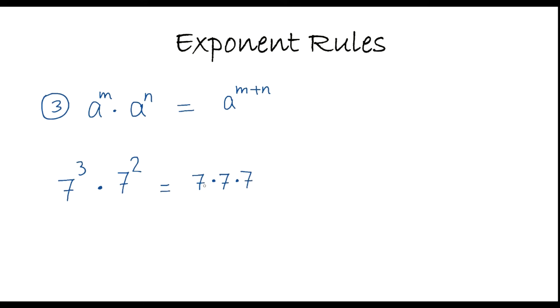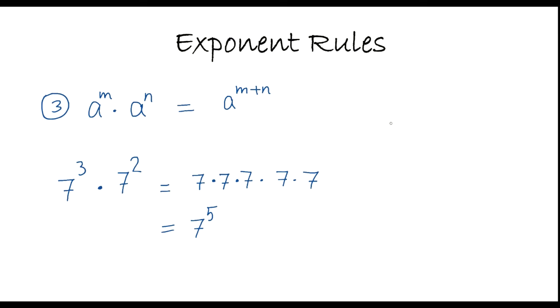How many 7s are there? 3 7s for this part, and next we have 2 more 7s multiplied together, right? And how many total 7s we have here? 1 2 3 4 5. So we can directly write 7 to the power 5, right? So this is the expansion of these two numbers.